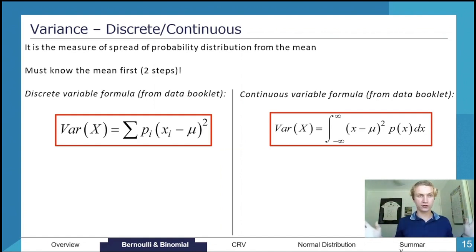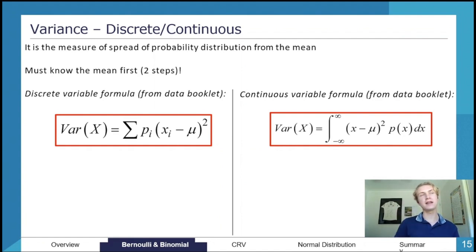So I haven't gone through an in-depth example here, but one thing to note again, you have to know the mean first to work out the variance. And so sometimes, you might have a 2-step question where it's like, oh, determine the variance, and you're going to have to do the mean first. Just remember that. Don't get freaked out when you look at the data booklet.